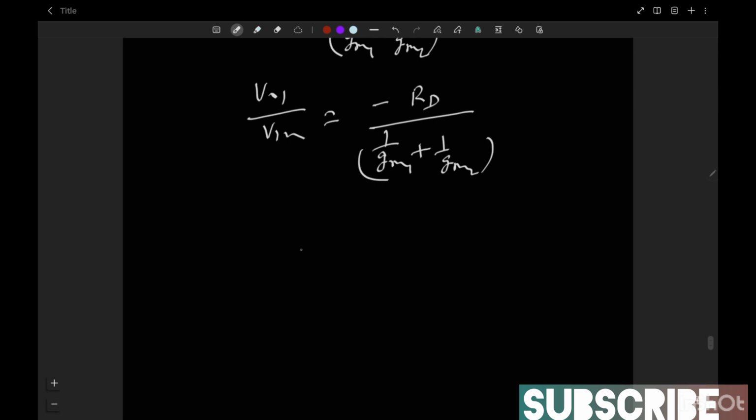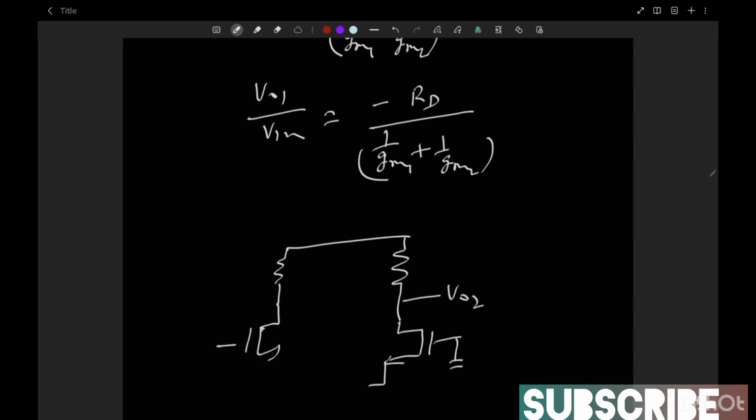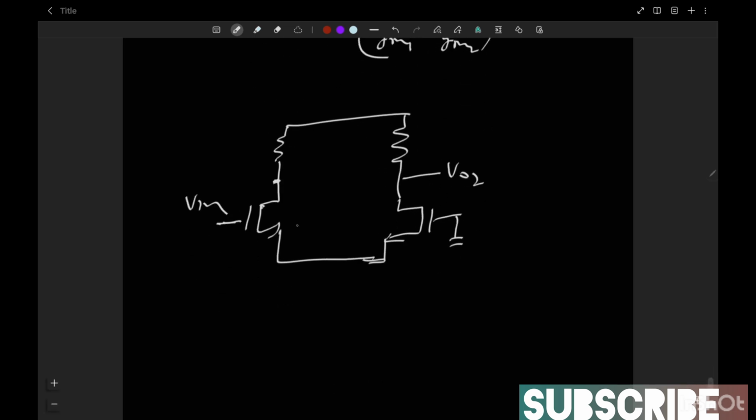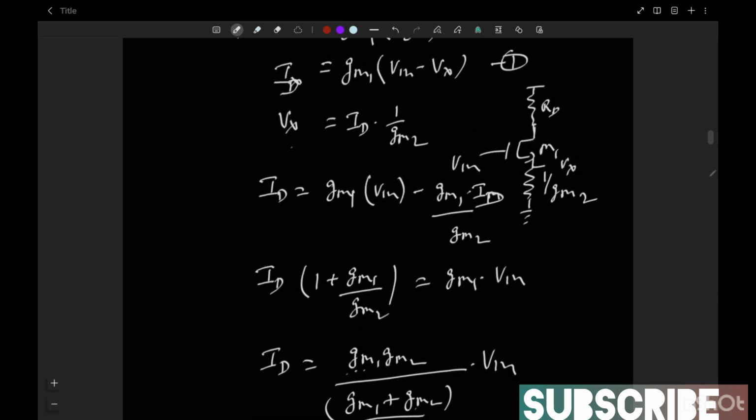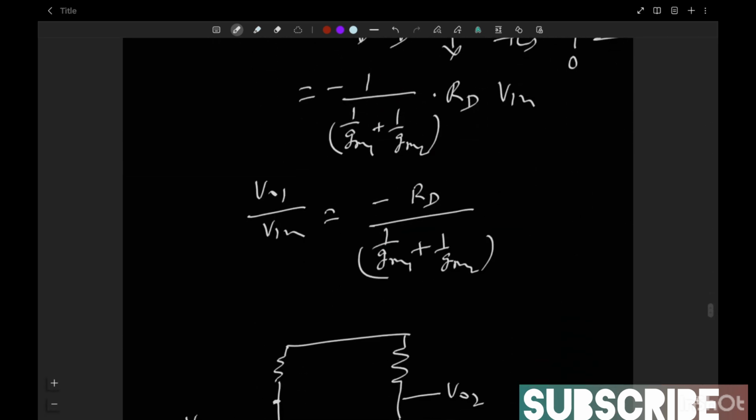Now we have to calculate this Vo2 from here. We have calculated Vx, which is equal to ID times 1 by gm2.